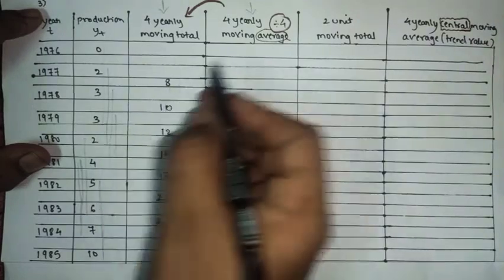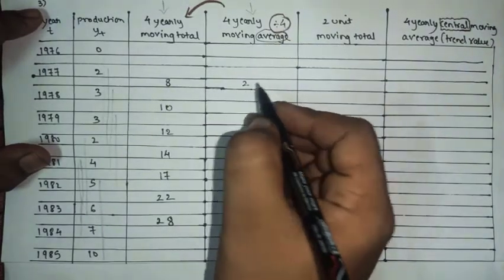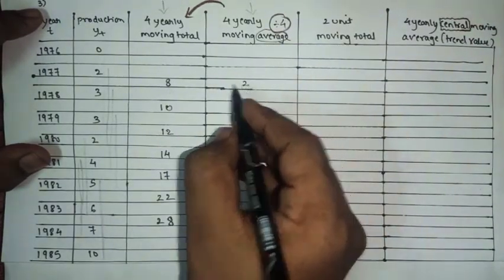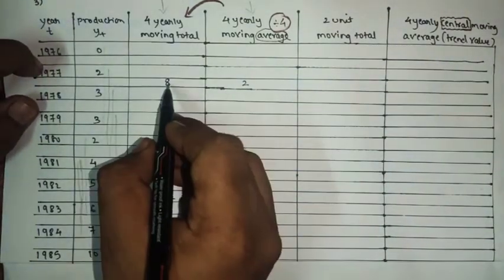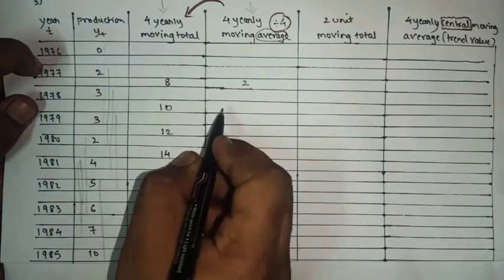8 divided by 4, 2, and that answer you will write between 77 and 78 only, next to 8. Here the answer will be next to 10.